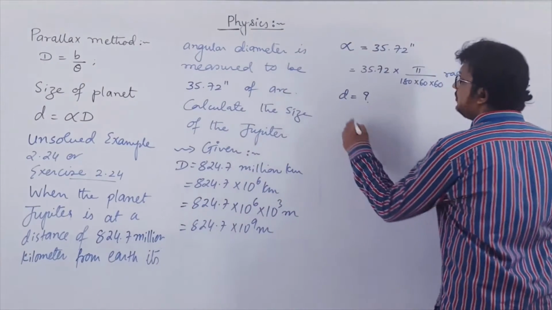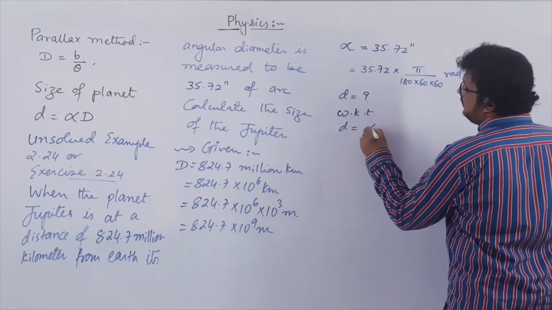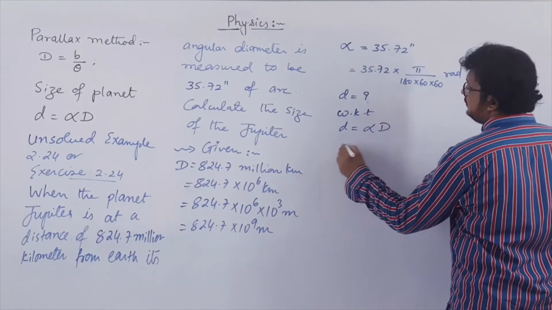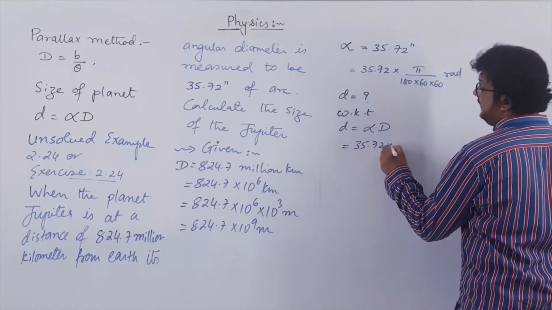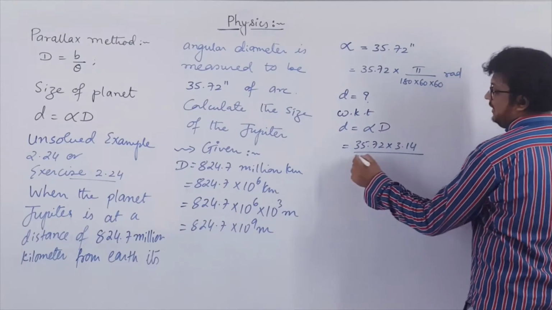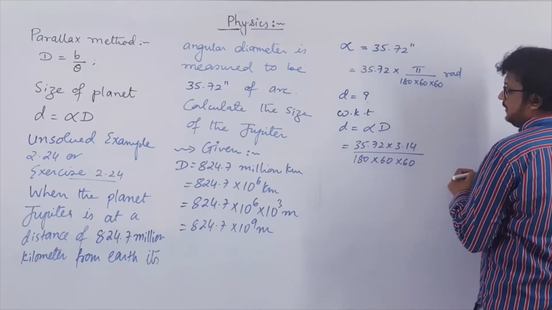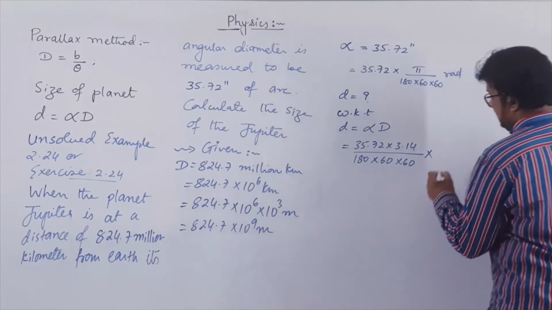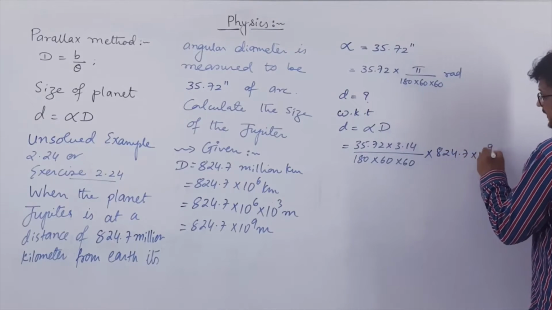Small d is equal to alpha into capital D. So alpha is 35.72, pi is 3.14, divided by 180 into 60 into 60. This is the value of alpha, into the value of D, which is 824.7 into 10 raised to 9.